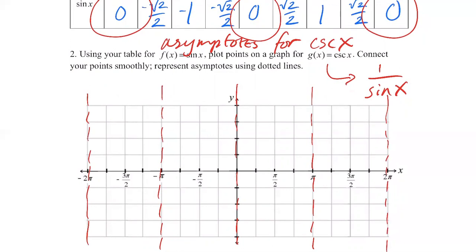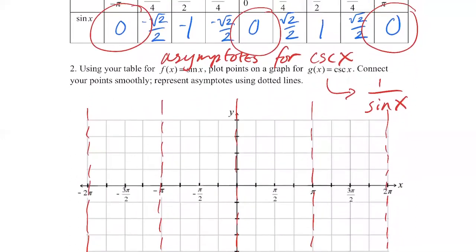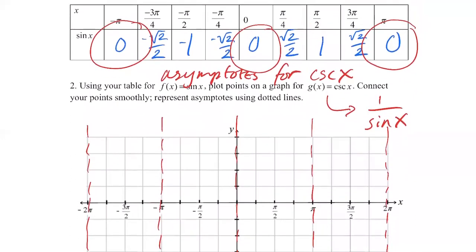Okay. Now, as before, we have some values that are very easy to work with. Remember, we're doing 1 over the sine value, so looking at the reciprocal, 1 over 1 is still 1. 1 over negative 1 is still negative 1. So these are the ones that we'll get on the board early.